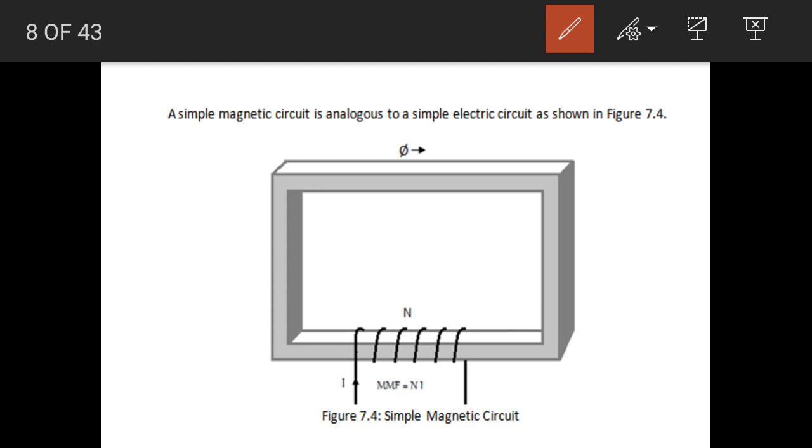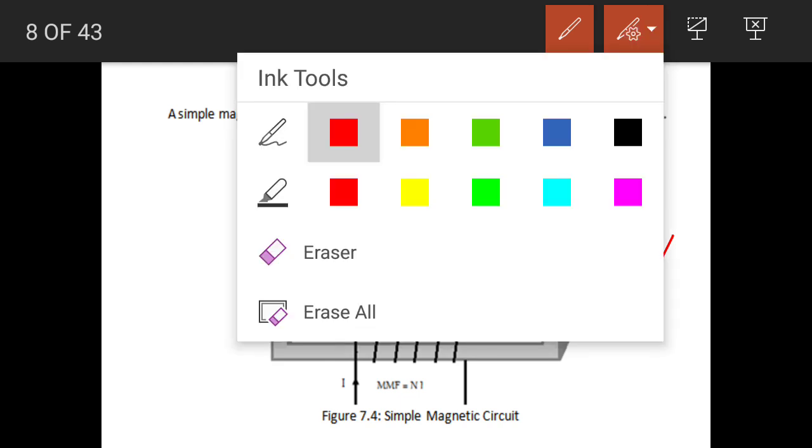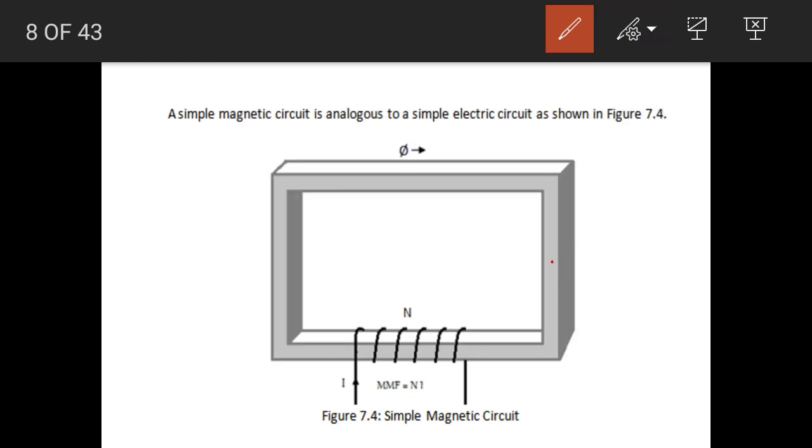We assume that the mean length of this material is represented by L. The permeability of this material is represented by mu, and the cross-sectional area of this material is represented by A.